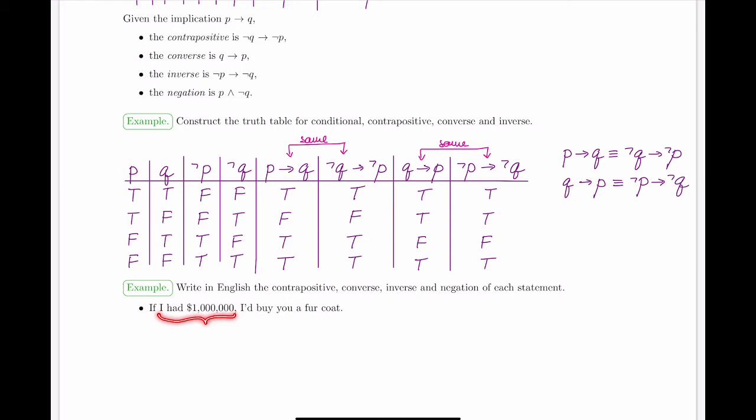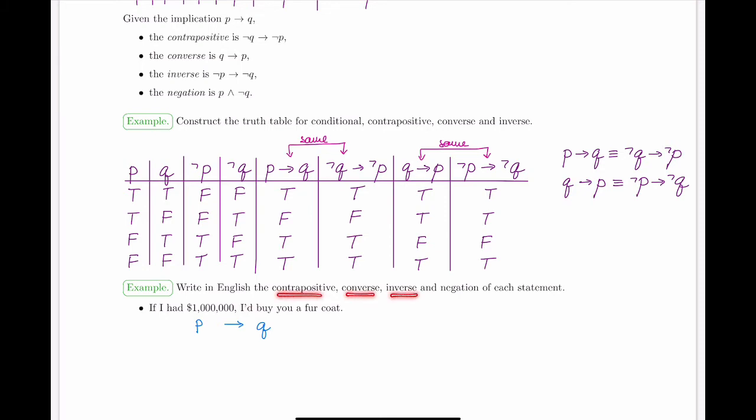This is going to be my hypothesis, and this is going to be my conclusion. So if you wish to label them, what we have here is P implies Q, where P is I have $1 million and Q is I bought you a fur coat.